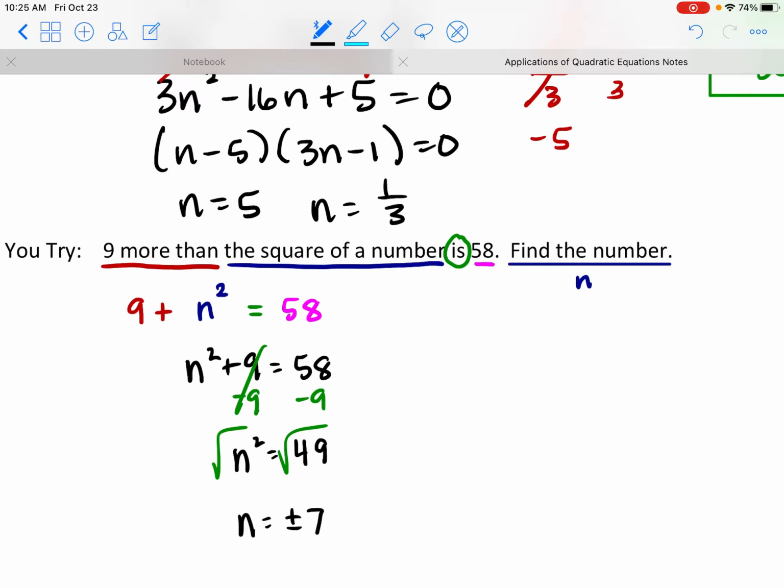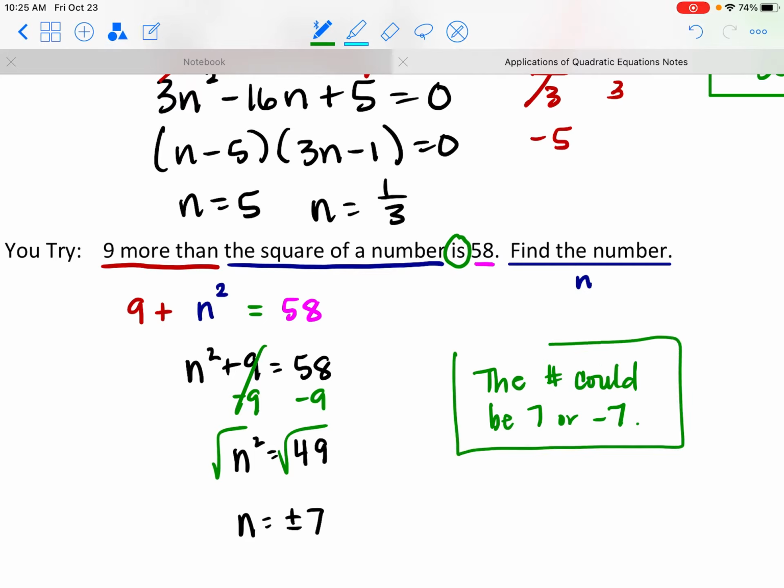So without context, again, we could just box those in, but here we're looking for numbers. Both positive and negative 7 are numbers, so we're going to say the number could be 7 or negative 7. Both viable options.